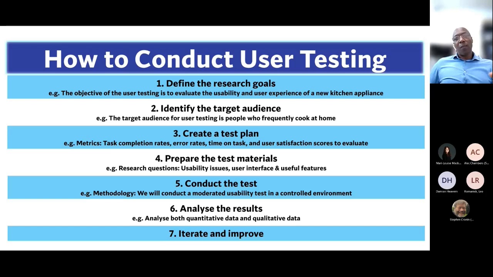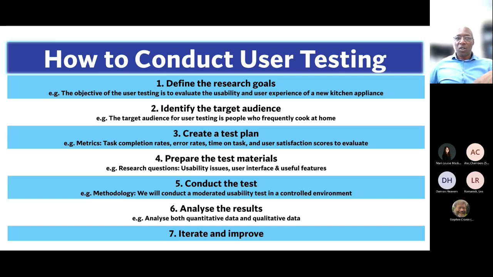For example, the objective of the user testing is to evaluate the usability and the user experience of, say, a new kitchen appliance, which is something we touched on in our previous webinar. We determine the target audience for the product or service and recruit participants who are representative of that group.